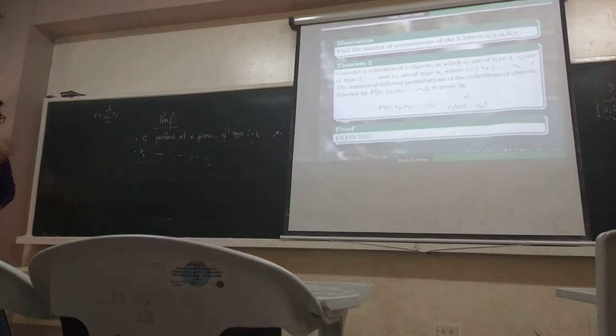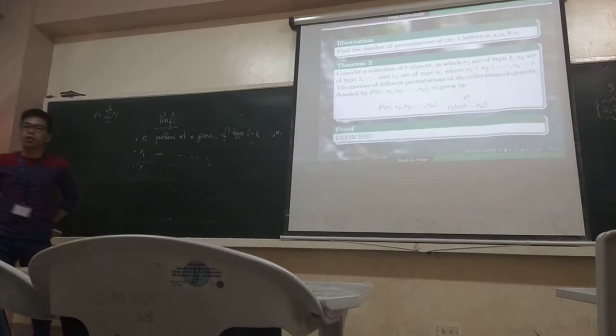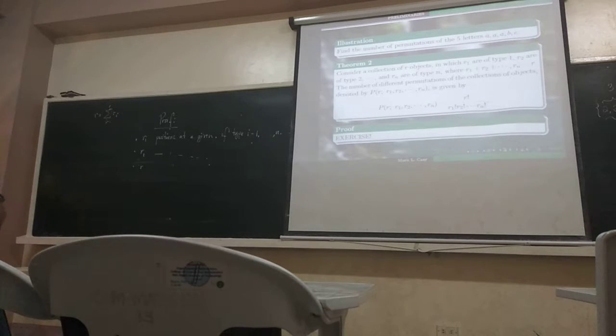If you pick R sub 2, you're done with R sub 1, so you're left with R minus R sub 1 positions.